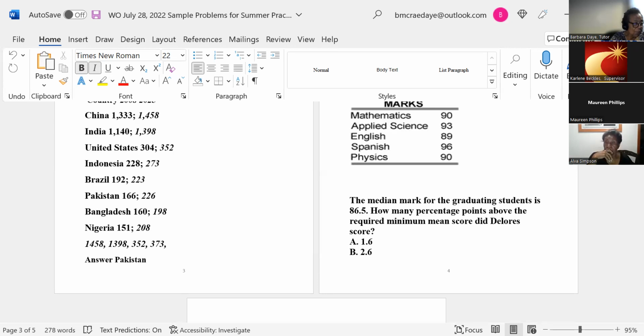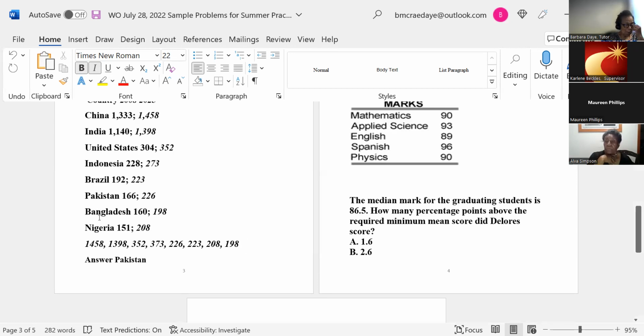And after 273? Pakistan, 226. And after 226, Brazil, 223. Nigeria, 208. And Bangladesh, 198.